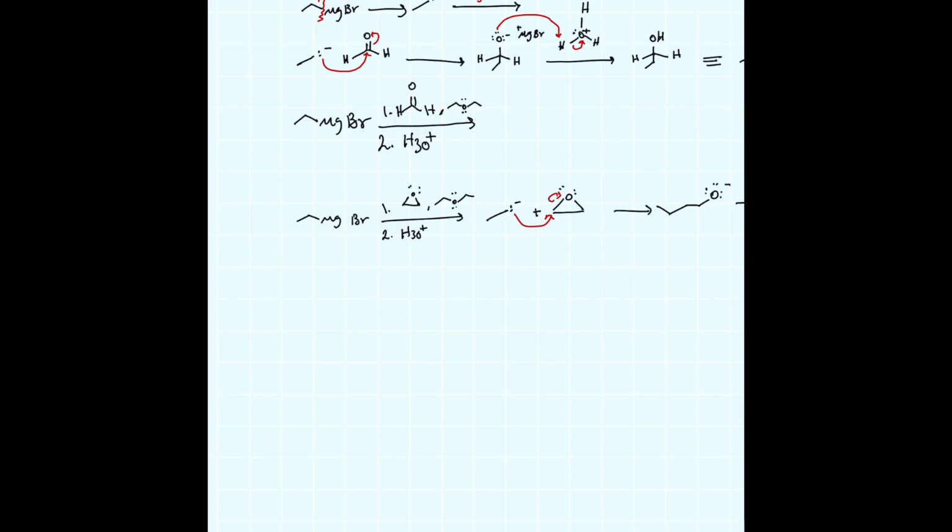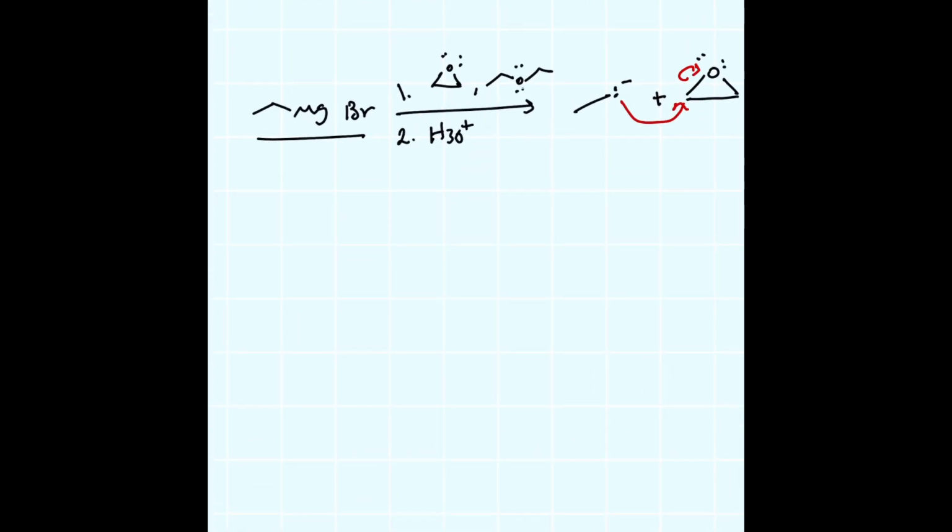And you might be asking, how do we acquire these compounds? And the best way is to start with an alkyl halide. So let's say in this example I have ethyl bromide. All I need to do is super simple. I just react it with magnesium and diethyl ether.